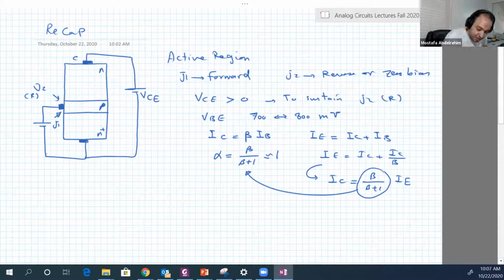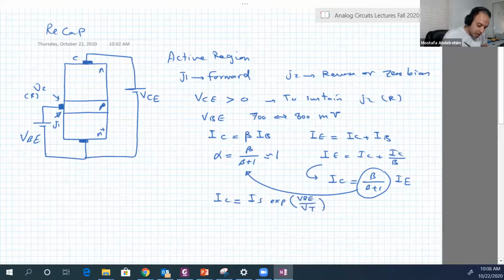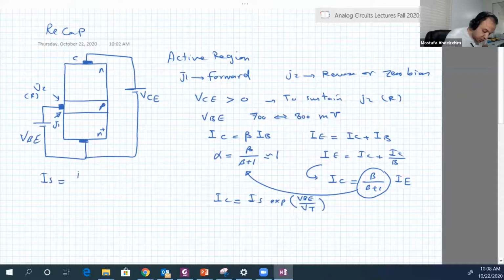What else we have? We have the relation also between IC and the voltage VBE. It's equal to IS exponential VBE over VT. And IS in that relation is proportional to the area, specifically of the emitter.